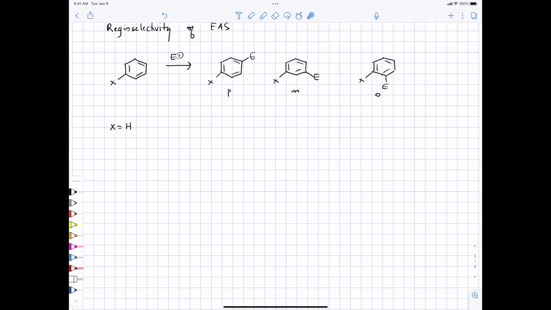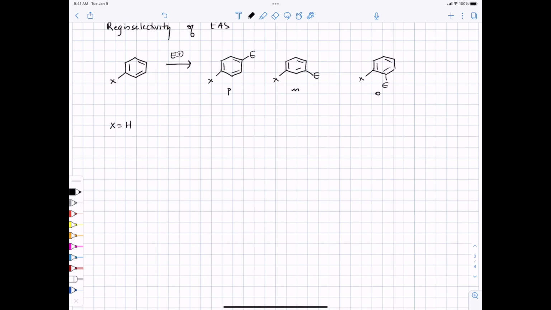The problem with when X equals H is you've got 6 reactive positions that are similar. Whereas if you already have an X substituent there, you've got 1 para position, 2 ortho positions, and 2 meta positions. So to normalize for that, we're going to define some factor f for substituent R. For the ortho substitution, this is going to be the rate of forming an ortho product divided by 2, divided by the rate for the corresponding reaction for benzene.